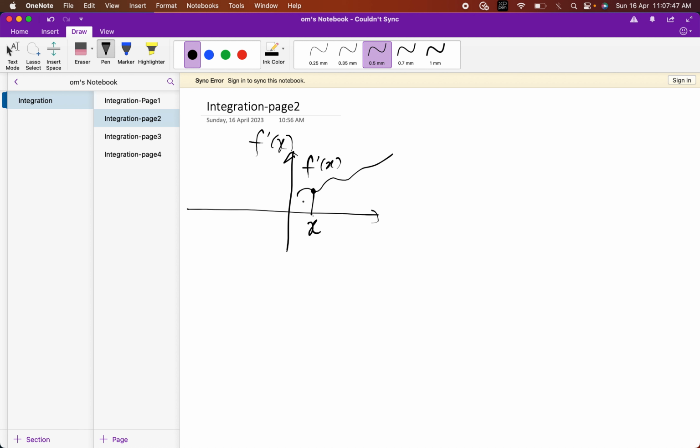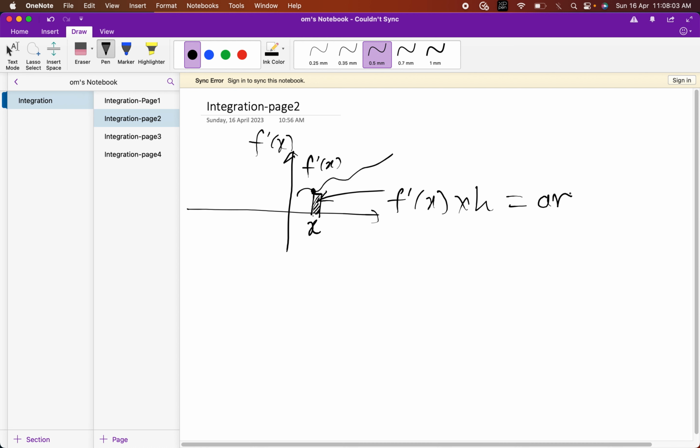And I am going to do f dash x into h. That means I am assuming that this f dash x will remain the same for a small distance h, and therefore f dash x into h is nothing but the area of a rectangle whose dimensions are f dash x as the length and h as the width, or vice versa.